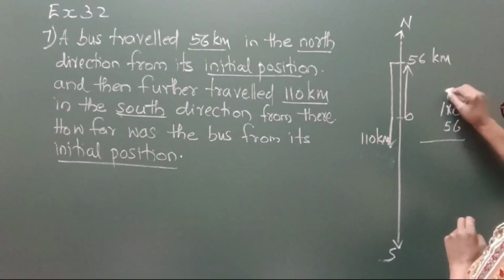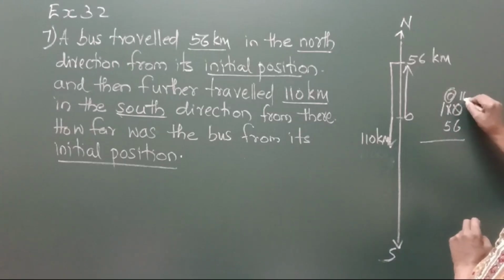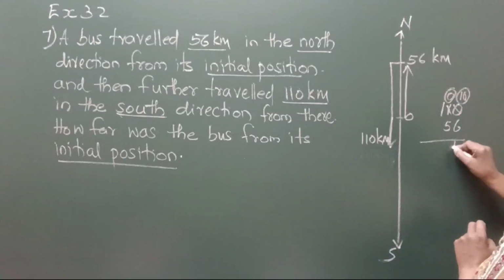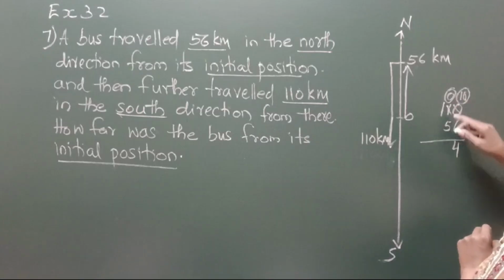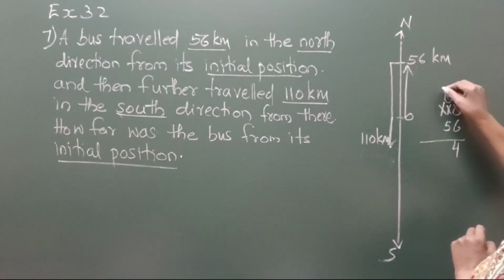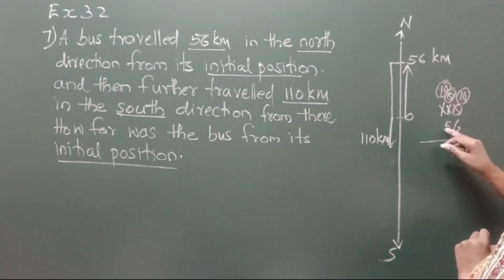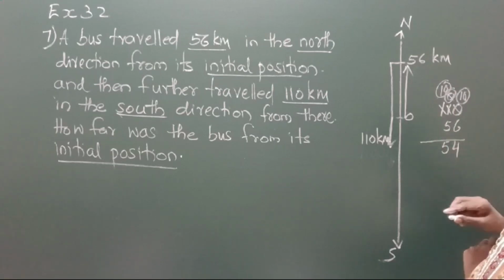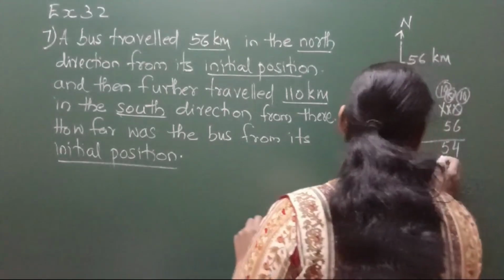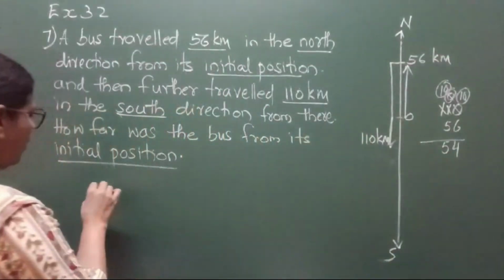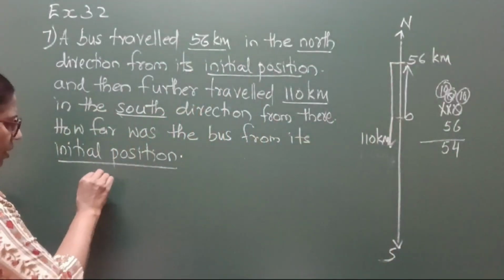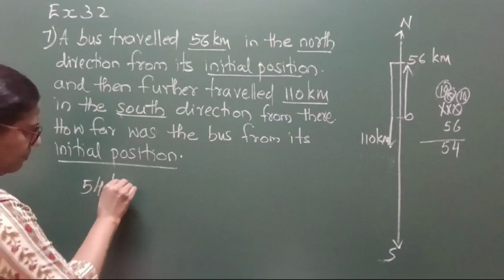This 1 becomes 0 and this 0 becomes 10. 10 minus 6 is equal to 4. From 0 we cannot subtract 5, so we have to borrow from here, and this 0 becomes 10. 10 minus 5 is equal to 5. 54. So our answer is 54 kilometer.